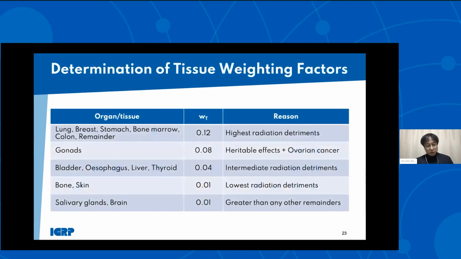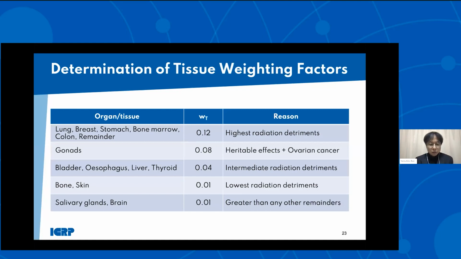And this is the categorization: lung, breast, stomach, bone marrow, colon, and remainder. They are regarded as organs or tissues of highest radiation detriment, and a tissue weighting factor of 0.12 was assigned.